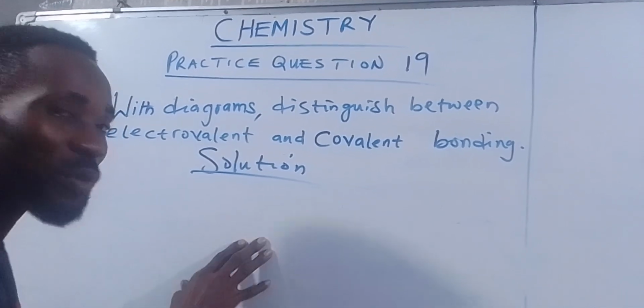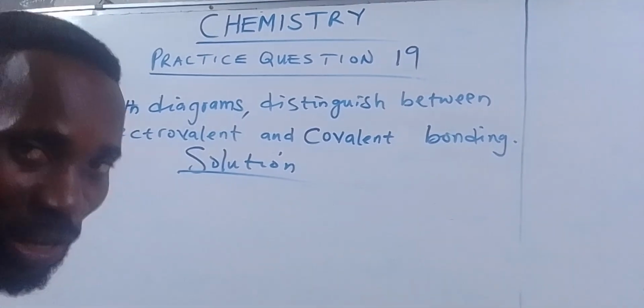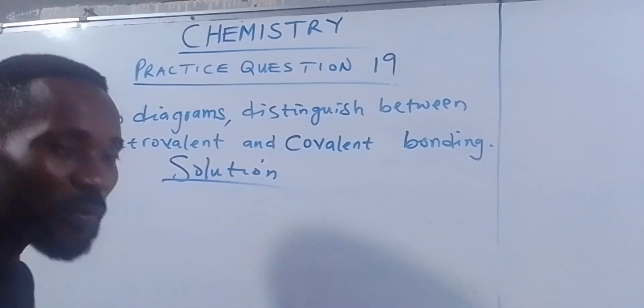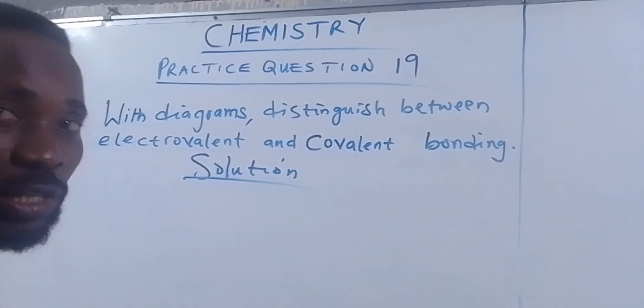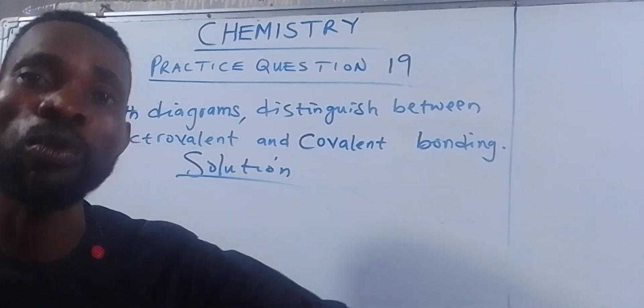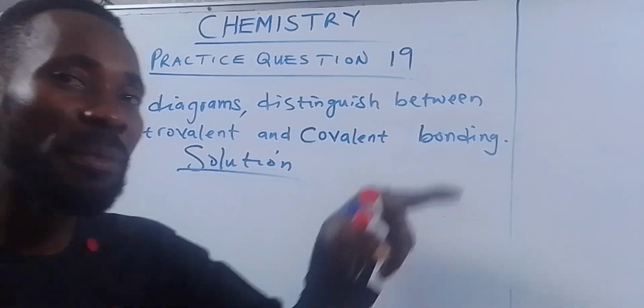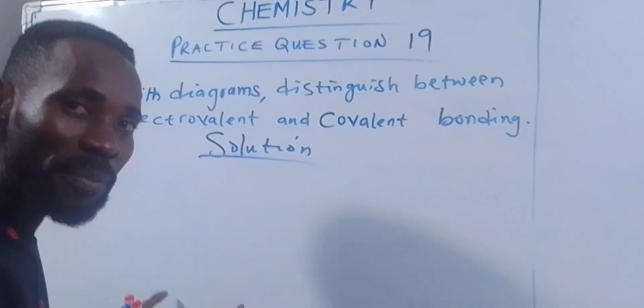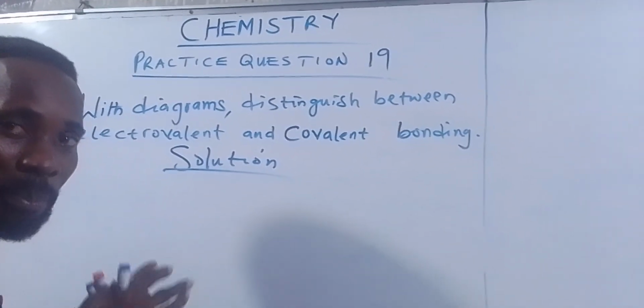Every other element of the periodic table wants to be like the noble gases. And the only way they can acquire that stable structure is when they go into chemical combination. Now, in chemical combination, two elements, probably A and B, will combine.